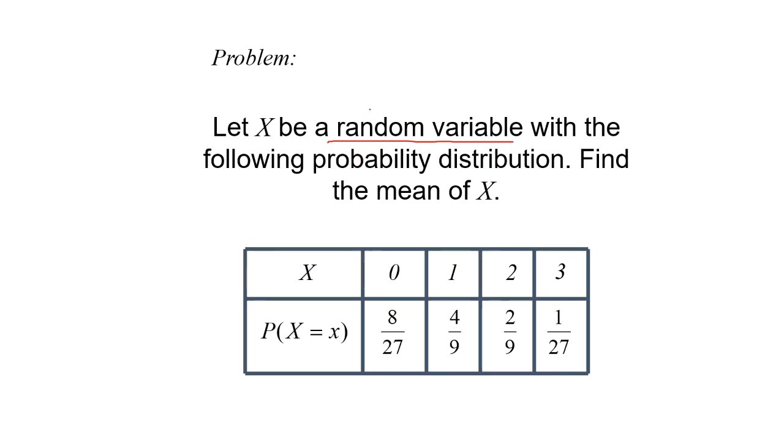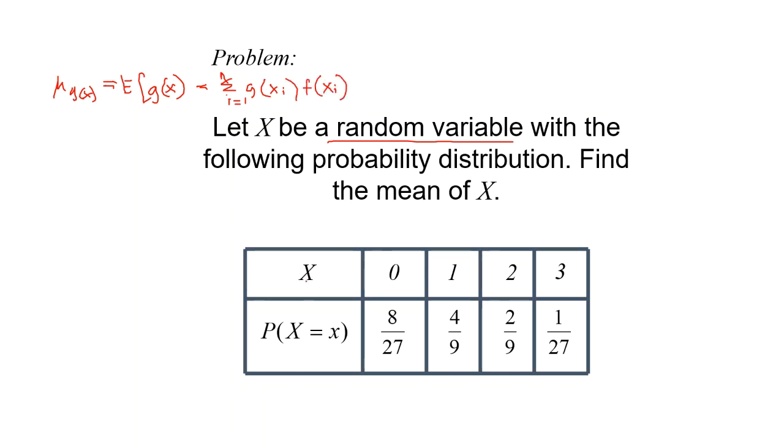So we'll be using the general formula of our mean, which is mu of g of x equivalent to E of g of x, that is equivalent to the summation from i equals 1 to n of g of x sub i times f of x sub i.